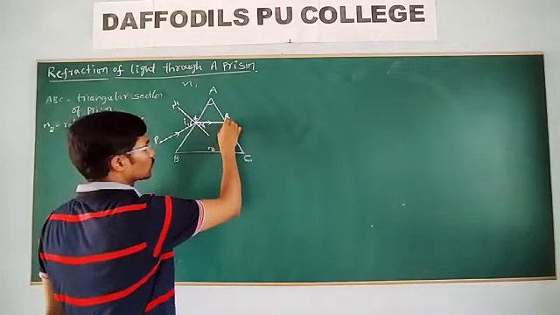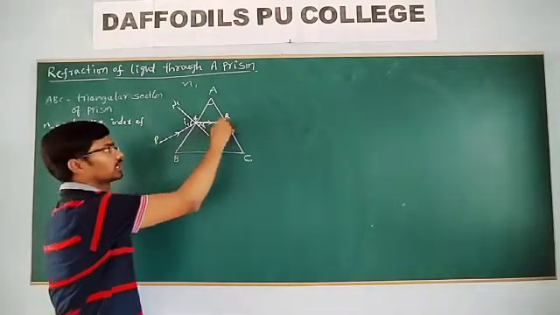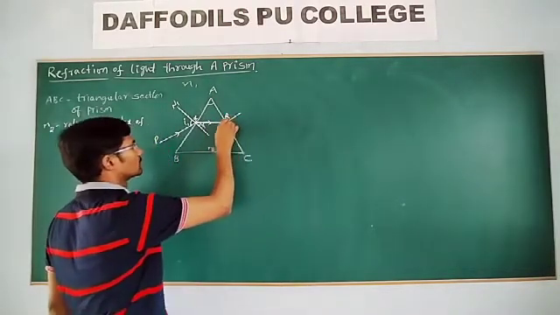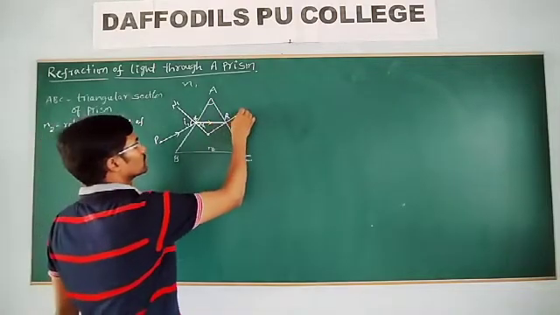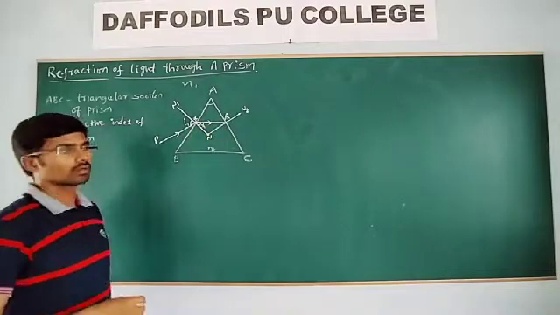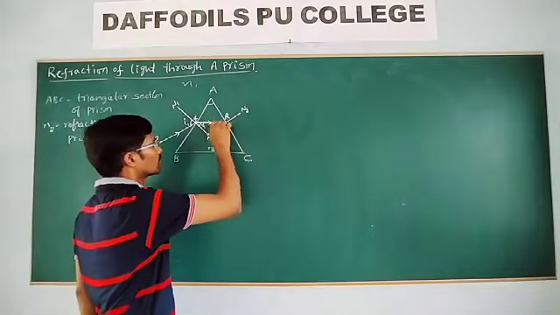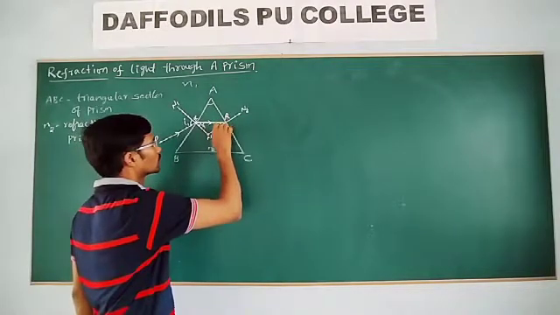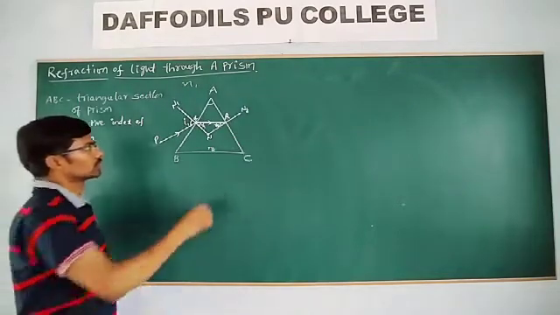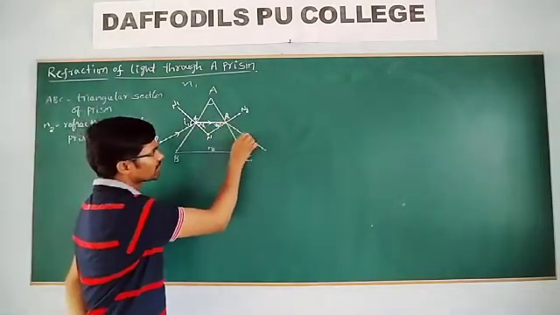Let me draw the normal at this surface, N. Now this is R2. The light ray passing from denser medium bends away from the normal.